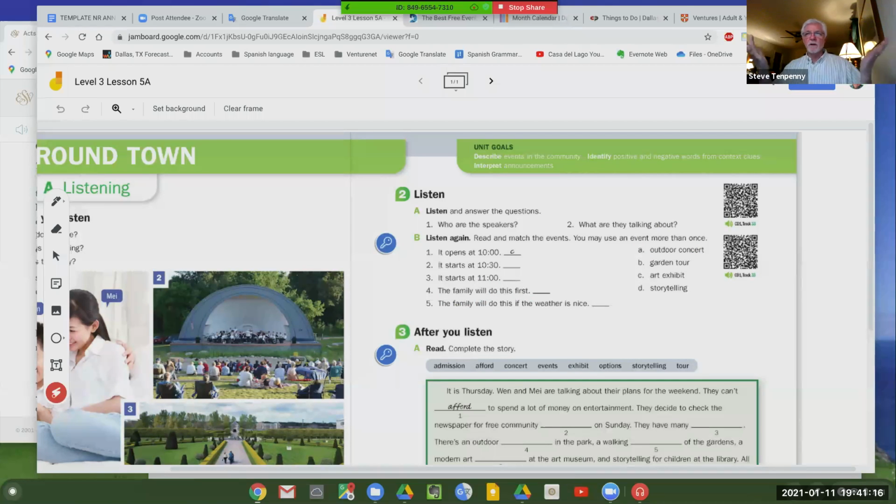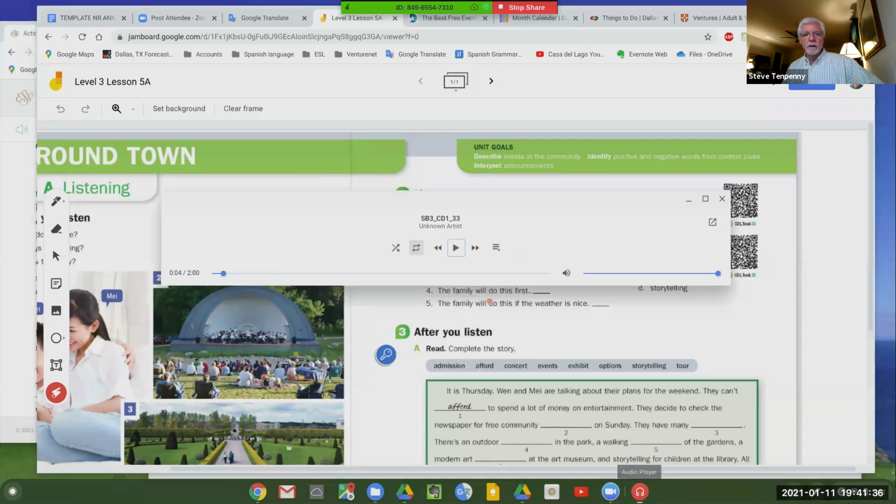Nice means it's very sunny, maybe not too hot, because in the middle of the summer in Dallas it is just too hot to be outside. Okay. So I have a recording for this, and let's go ahead and listen to the recording.